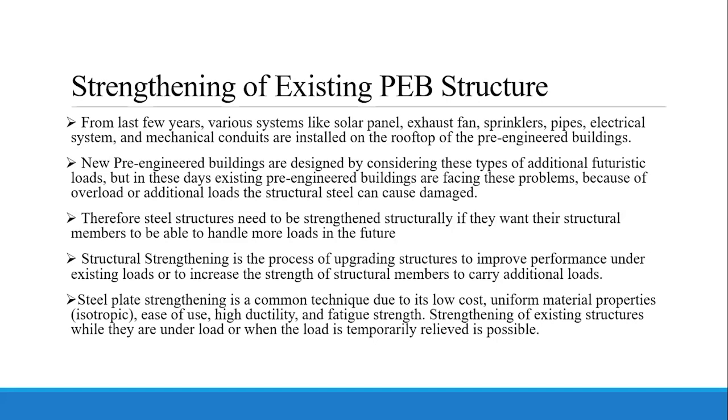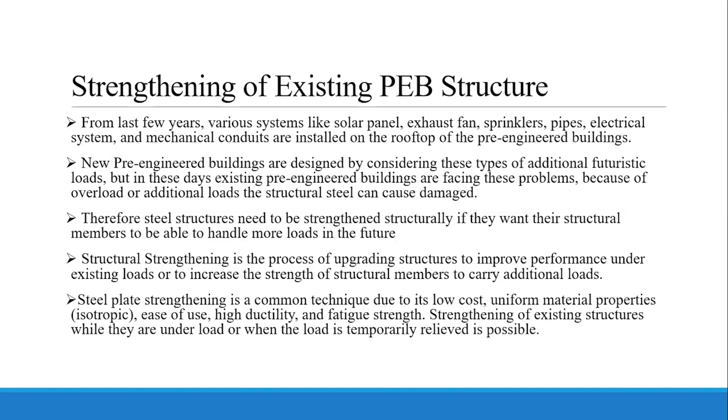But these days, existing pre-engineered buildings are facing a problem: because of overload or additional load, the structural steel can be damaged. Therefore, it is important to strengthen the structural steel to increase the ability of handling more load in the future.